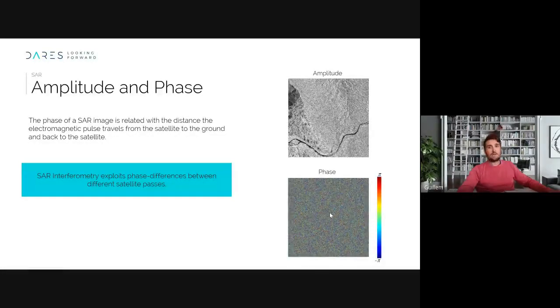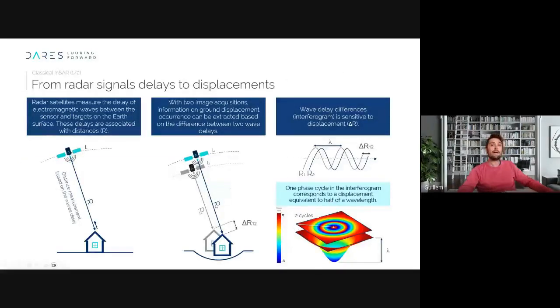Yeah. The point is that when we do interferometry, we compare the phase of a SAR image at time 1. We launch our pulse, it backscatters, it comes back, we receive amplitude and phase, we get rid of the amplitude, and we take the phase. Okay?